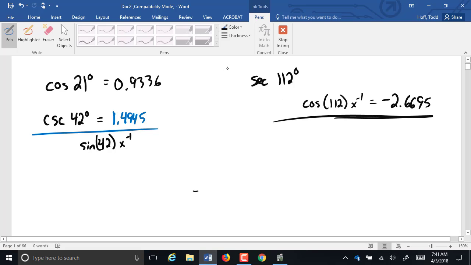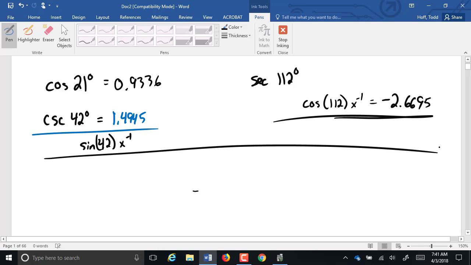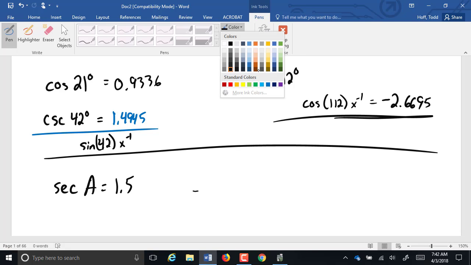Okay. Any questions on how you find those? What if I give you the secant of angle A is 1.5?